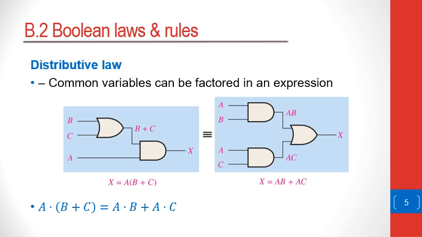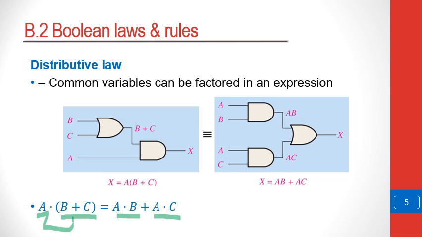Then the distributive law says the bracket can be broken. If you have A and the result of B or C, then you can multiply out the A into the bracket, so this is equivalent to A and B or A and C. Like normal algebra, you can factor out that common factor.